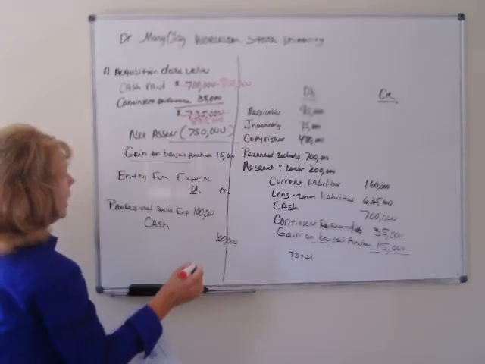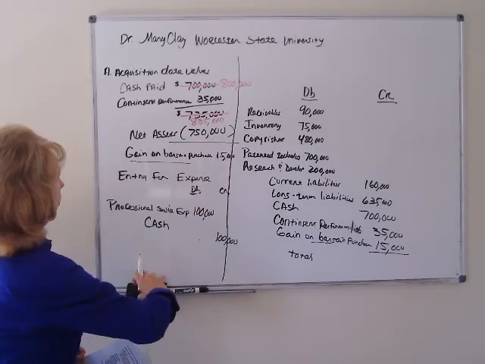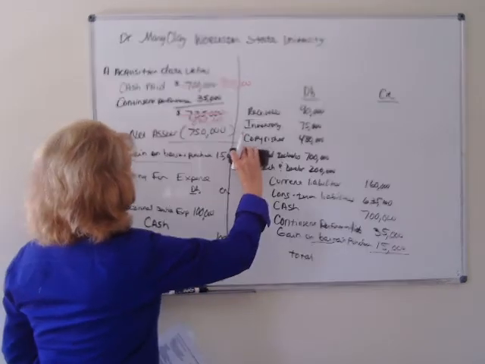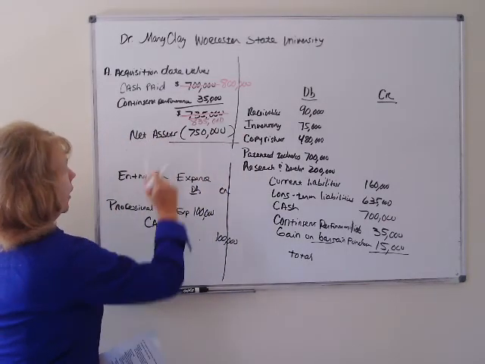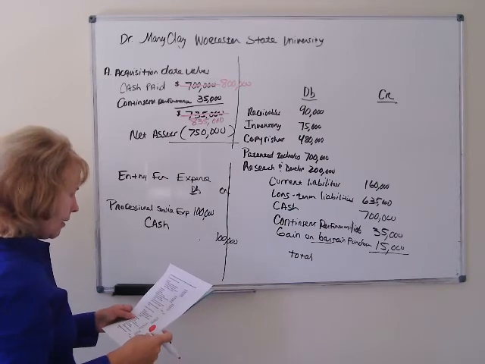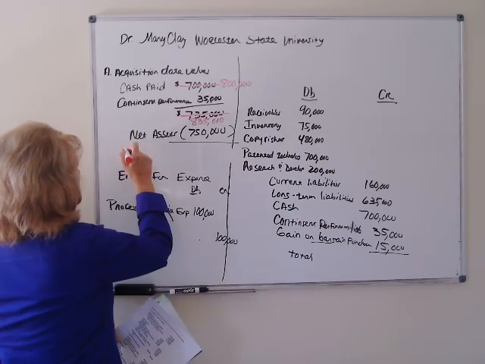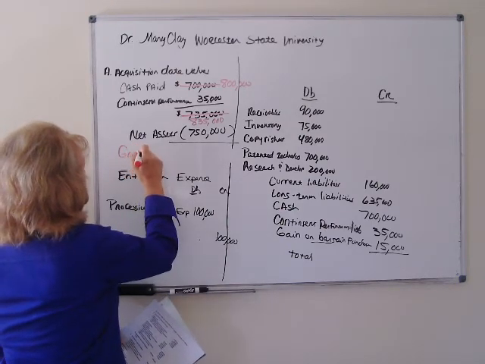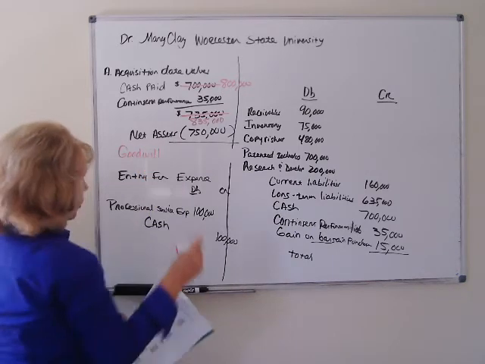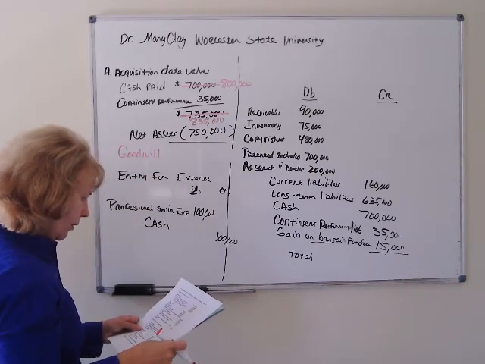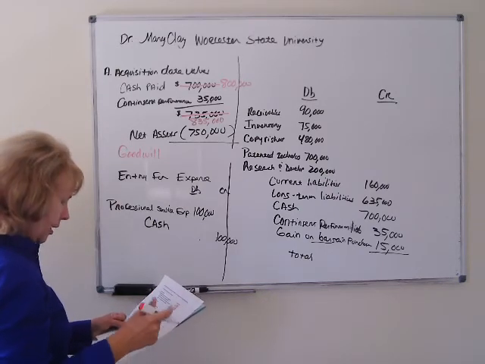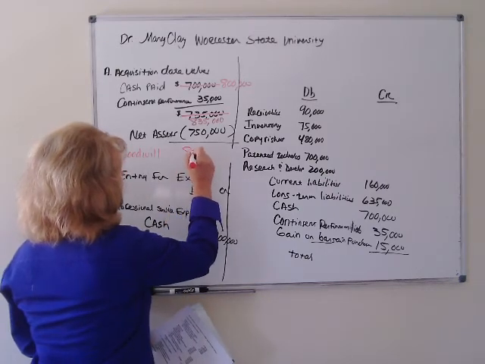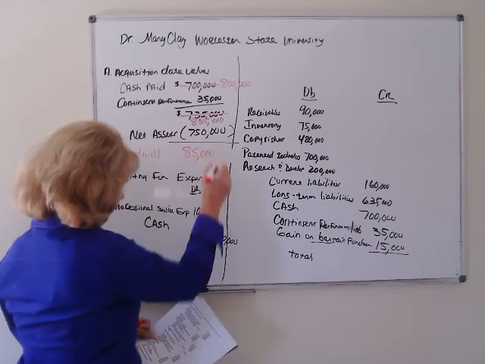So I paid more. I'm going to erase this one because it's not a bargain purchase now. I paid more than the net assets. That is goodwill. Remember, goodwill is an intangible asset. Goodwill, I take the difference between those two, 835 minus 750, and that gives me 85,000. Okay?